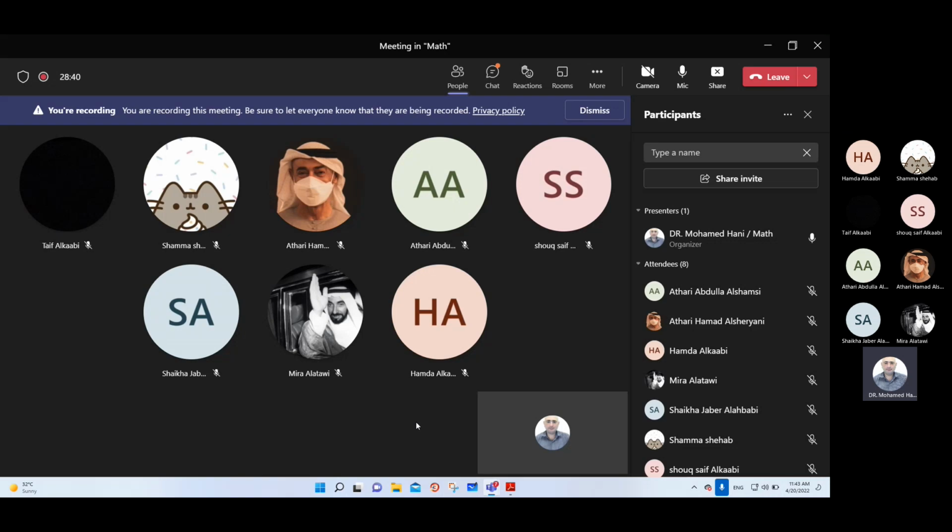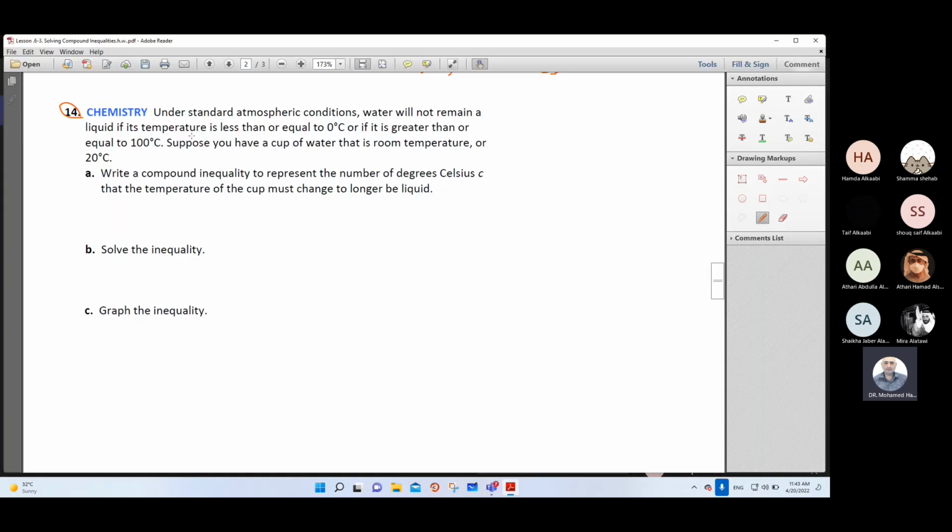Are you here? Yes. Now I want all of you, please, to read exercise number 14 and try to write the compound inequality, then send me your solution in the message. You have 3 minutes. Start, please.